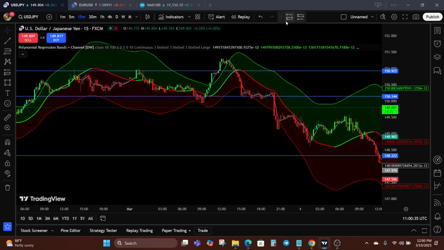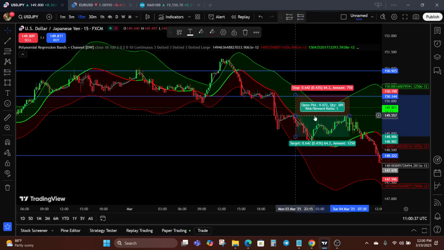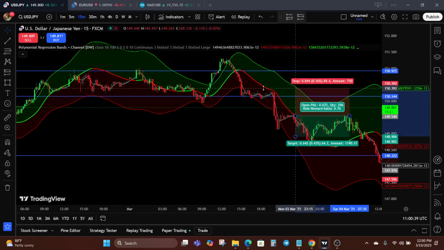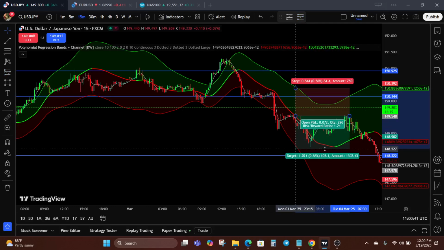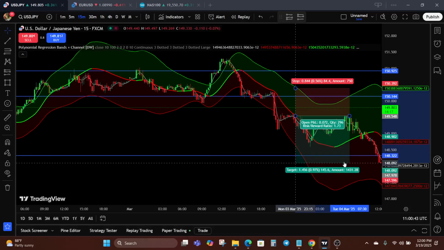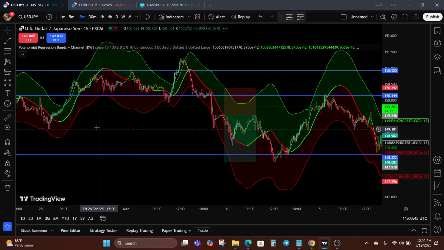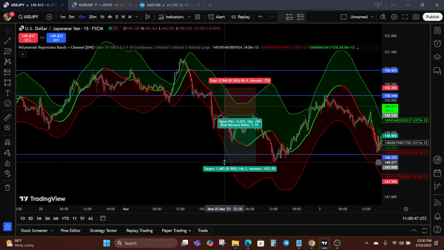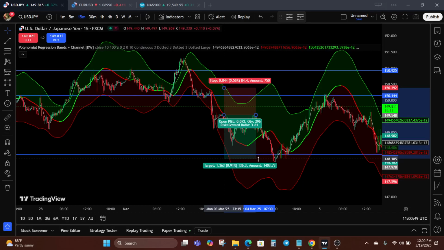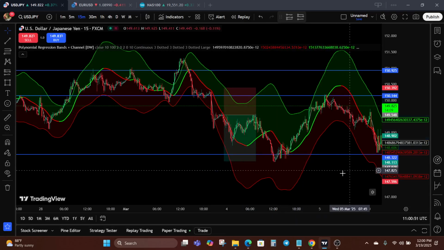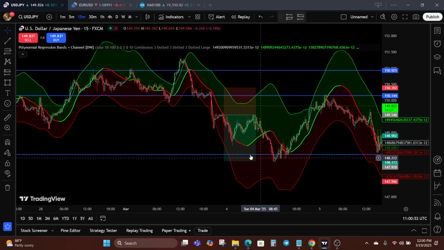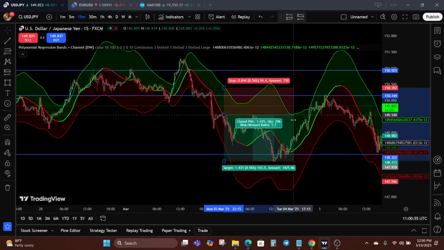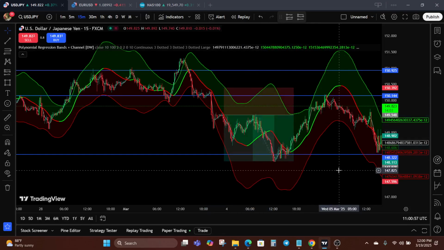So this would have been a good opportunity to enter a sell, and your stop loss will be above the previous swing high, and your take profit can be at the nearest key support level.